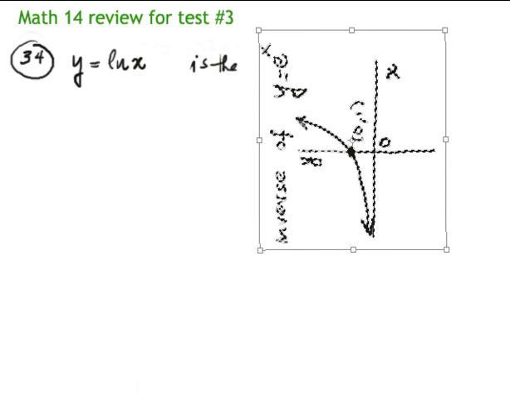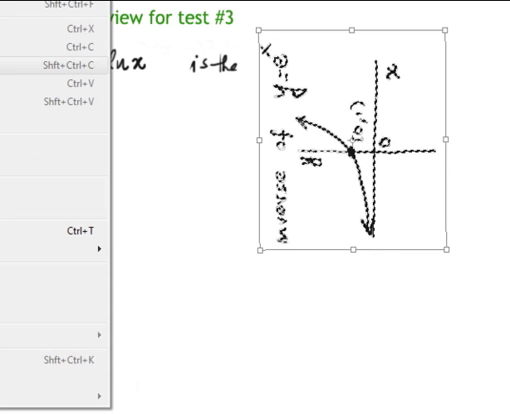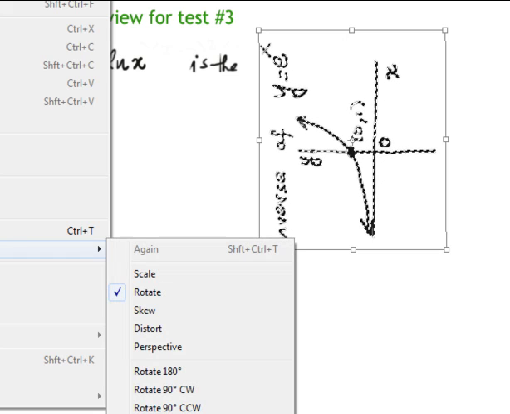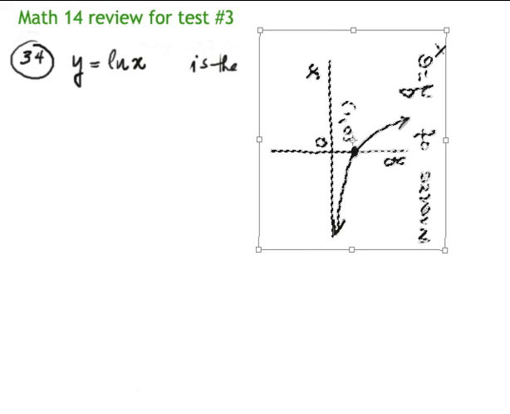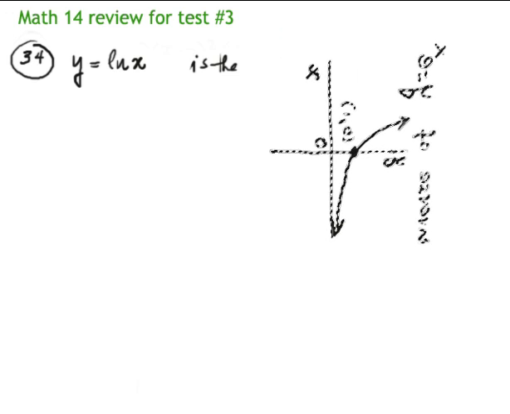We rotated it 90 degrees. And now what we're going to do is flip it about this vertical axis. Okay, so let's do that. Here we go, flip horizontal, and that's it. There we have it. That's the graph of y equal ln x.